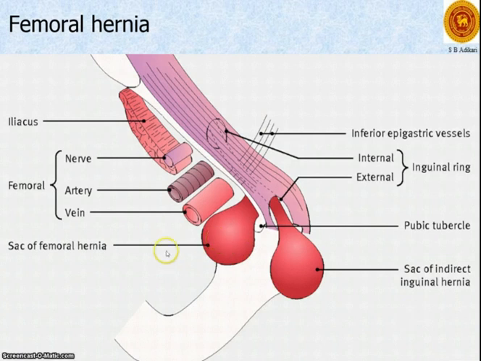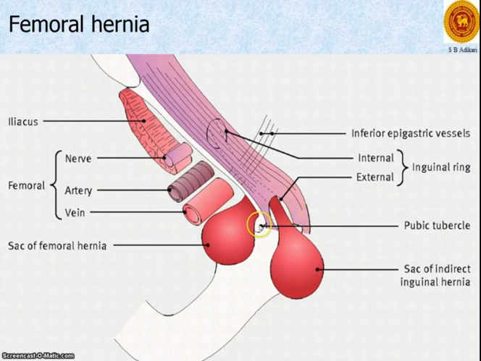Even though you have not done inguinal hernias, you have not done the abdomen yet, remember this point: you can easily differentiate between femoral hernias and inguinal hernias by the fact that femoral hernias lie lateral and below the pubic tubercle, which you can feel in the patient's body, and inguinal hernias lie medial and above the pubic tubercle.